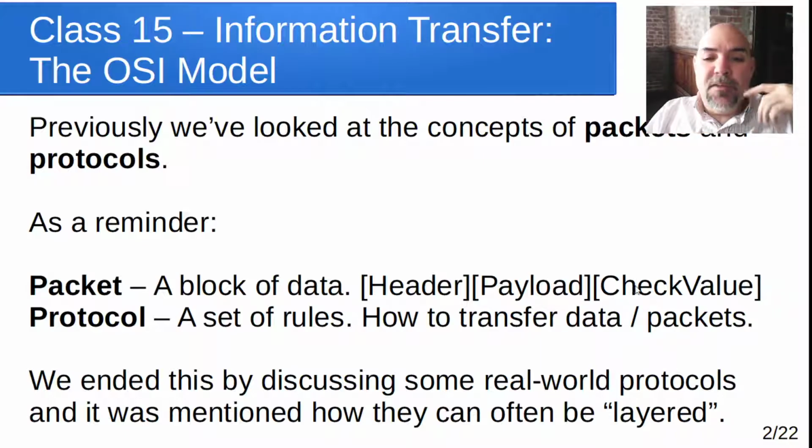And then we also had this check value or CRC or checksum that was the redundancy for checking to see if there was some sort of corruption or error or noise that happened while the packet was being transferred.